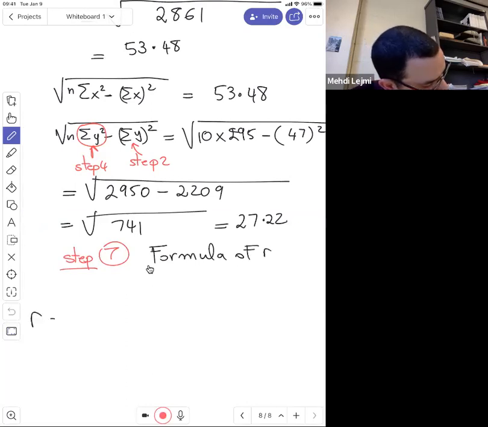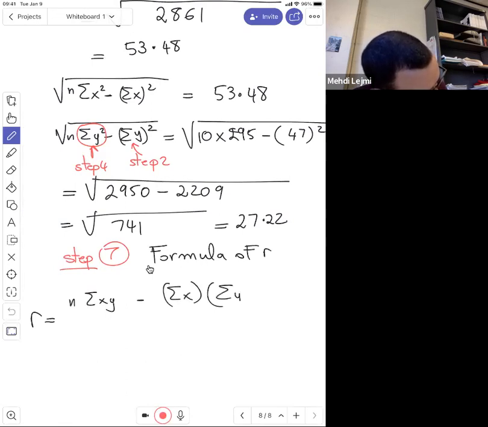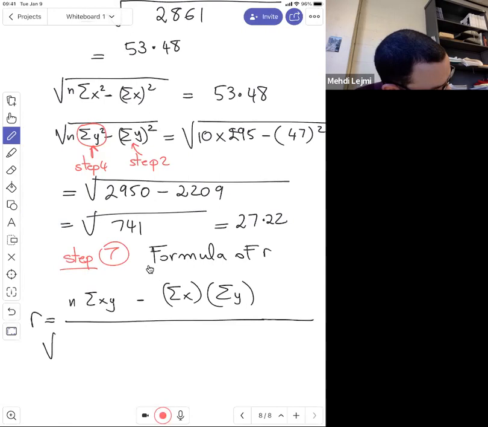So R is actually equal to N, the size of the sample, times the sum of the X times Y, minus the sum of the X's times the sum of the Y's, over, in the denominator, we have the 2 square roots.